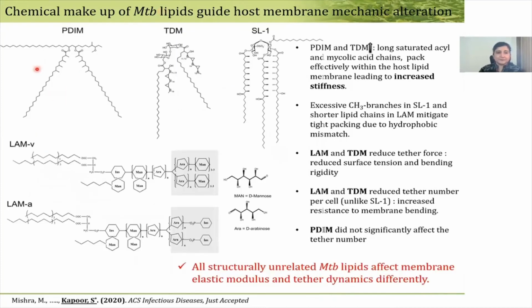For example, PDIM having saturated chains is likely to pack very tightly, and that causes increased stiffness, whereas a lot of cyclopropane rings as well as the methyl branches in SL1 can mitigate this tight packing and lead to reduction in the stiffness of the membrane. So the take-home message was that all structurally unrelated mycobacterial lipids affect membrane elastic modulus and tether dynamics differently.